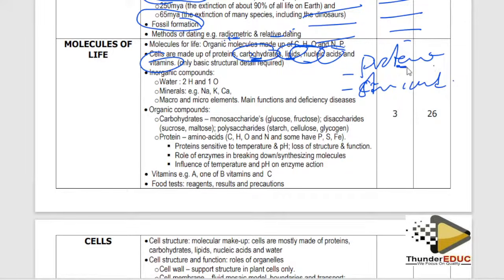And then how do we test for lipids? You can use transparent paper, or you can use the two layers, the miscibility, whether they can mix or they cannot mix. Then glucose, let me talk about the glucose.